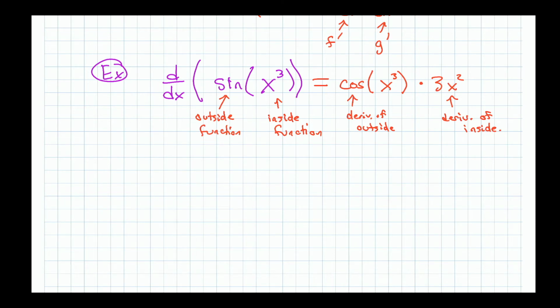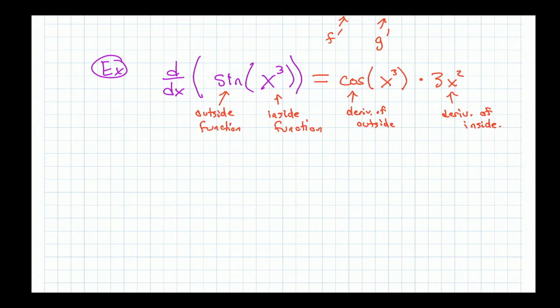Now you don't want to think too hard about it. Let's do the same one because I want to give you an idea about something. What I like to do in my head is number the functions from the outside in.